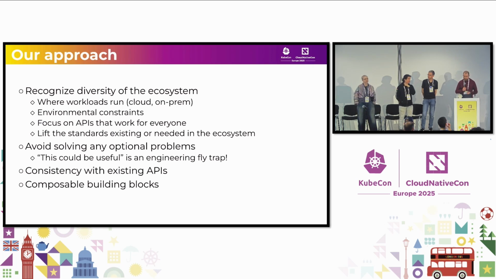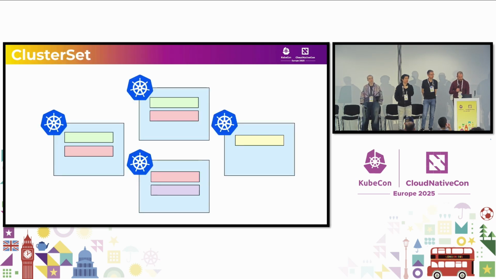We want to avoid solving optional problems. So we focus on the core problem, and that's where we started with multi-cluster services and have been expanding out, just focusing on simple use cases that solve concrete problems that everybody has, and making sure that we are consistent and compose well with existing APIs, so that we're producing a series of building blocks that you can use in whatever way you see fit.